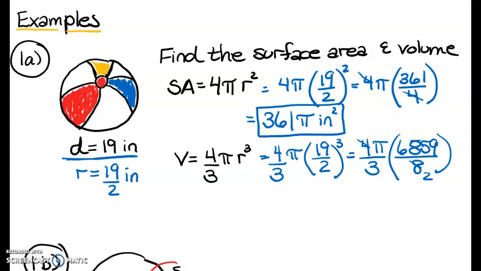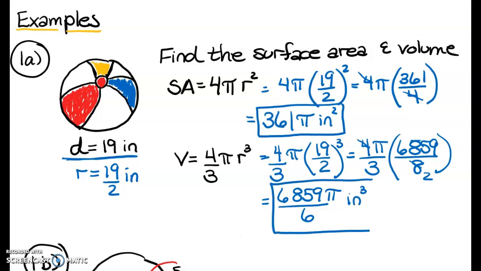It's not divisible by 3, so I'm not going to be able to reduce that. So I get 6,859 pi over 3 times 2, which is 6. And then my dimensions are in inches, and volume is cubed dimensions.